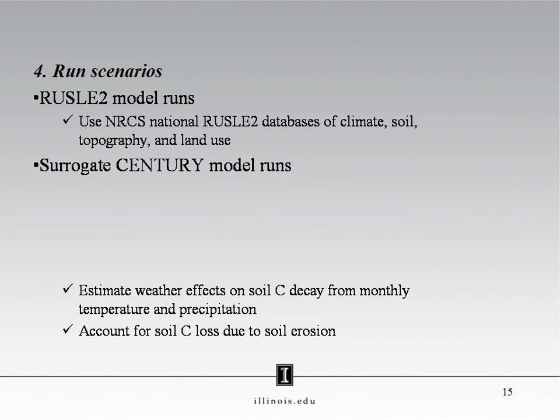In this case, I divided the entire simulation period into four segments, including the pre-settlement and early agricultural period, the modern agricultural period, and the project period, based on the five-year contract period of the CSP program. For each period, I calculated the important model inputs, such as the carbon input rate to the soil and the weather effect on soil carbon decay.